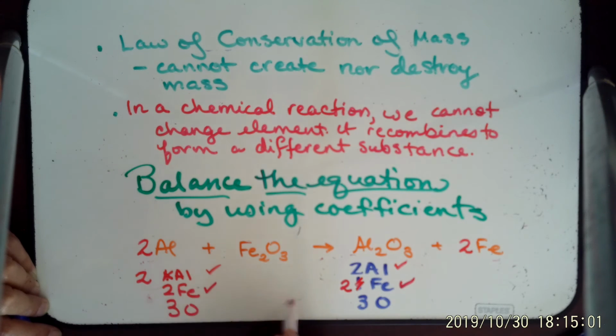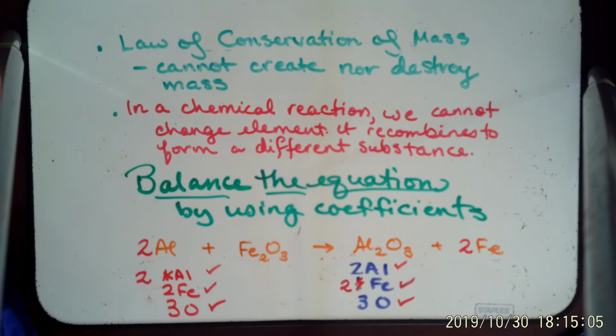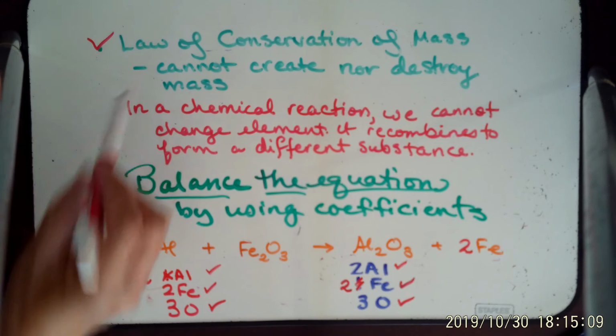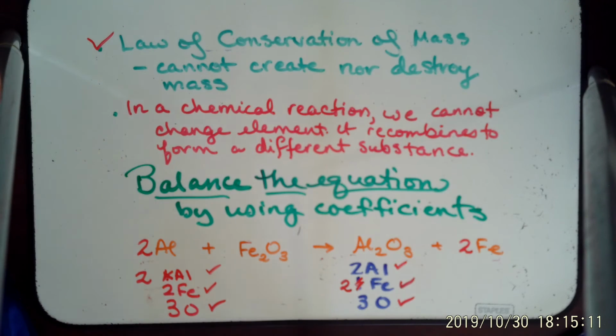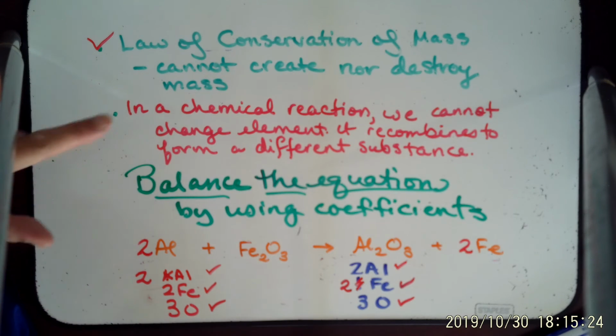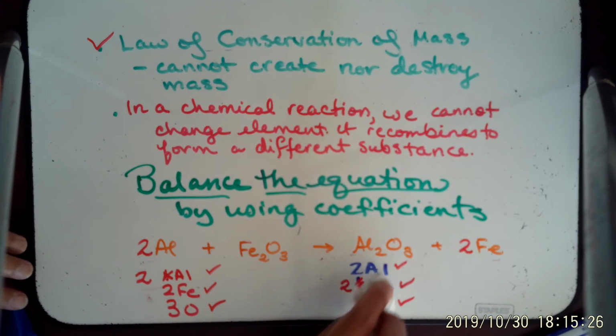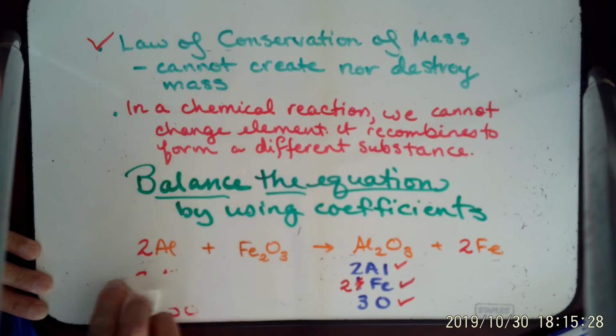So I'm okay here now, and my oxygens are okay. So now, by using coefficients, I can satisfy the law of conservation of mass. I haven't created or destroyed any mass. And I balanced it so that I start off with the same number of atoms of each element I end up with. But they're combined differently, and that's how we get our new substances.